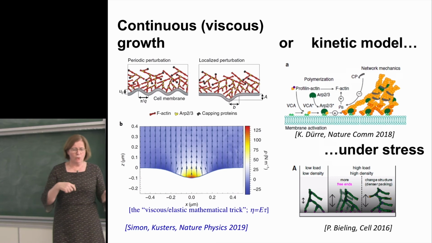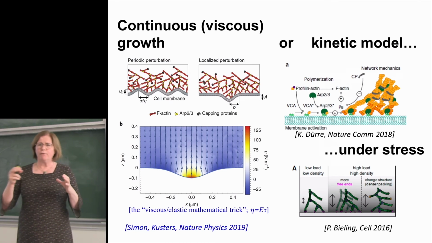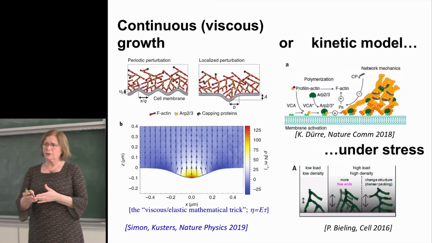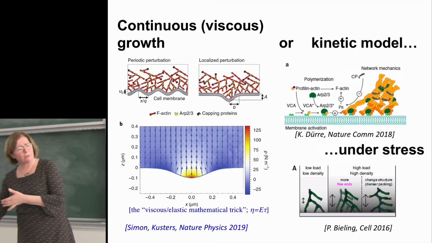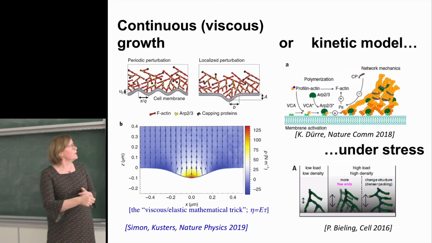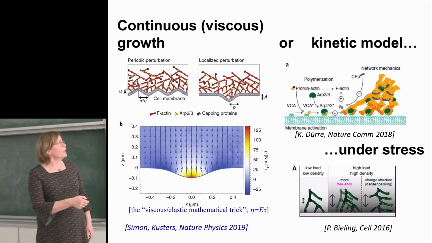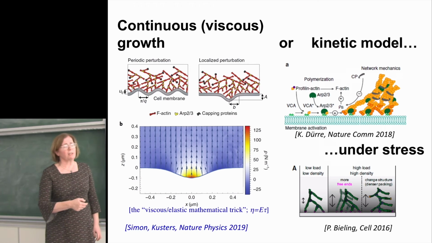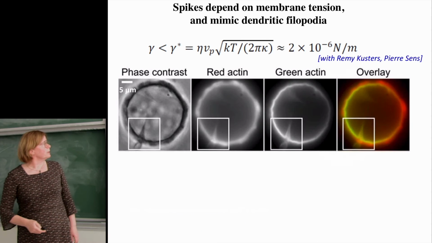I should say that all these networks are elastic at short times and fluid at long times. And there is a critical time at which we can't consider them anymore as elastic, or we can't consider them anymore as fluid. So we use just this trick to be able to treat this problem. There are other ways of doing it by kinetic models or by looking at this branching under stress, but this is what we developed.